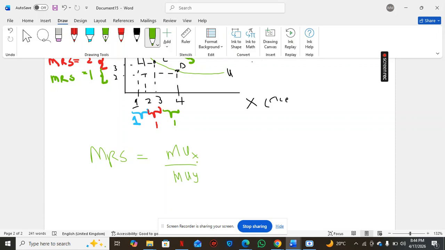So marginal utility of good X is the additional satisfaction you're getting from consuming one more unit of good X. When we say marginal utility of good Y, this is the additional satisfaction you get when you consume one more unit of good Y. Okay, so let's now apply the mathematics.